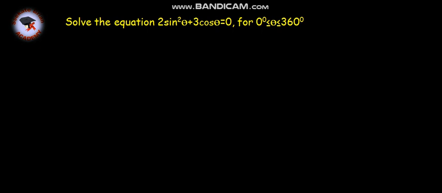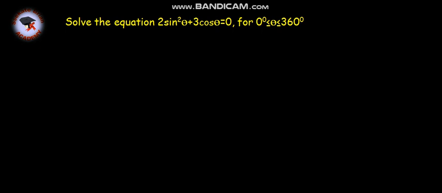Hello everyone, in this video we are going to look at how we can solve trig equations that involve sine and cosine, but in this case sine and cosine are in terms of single angles.